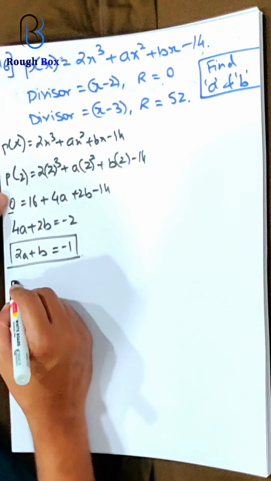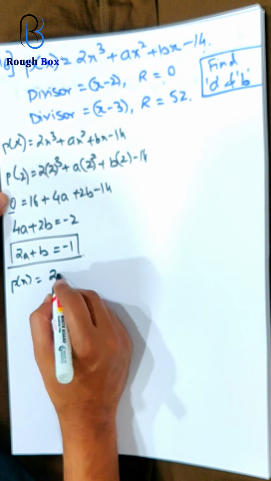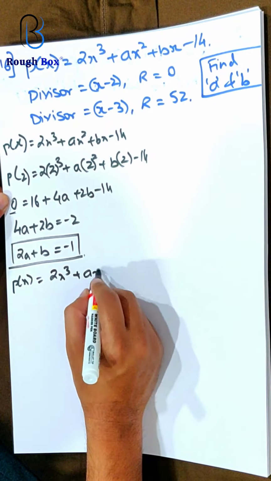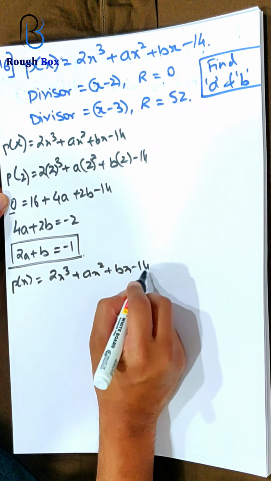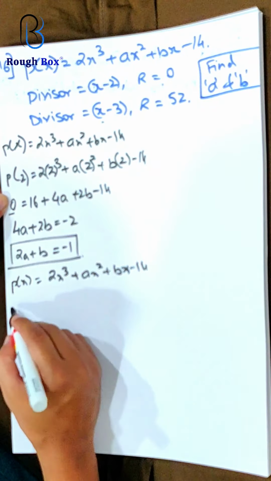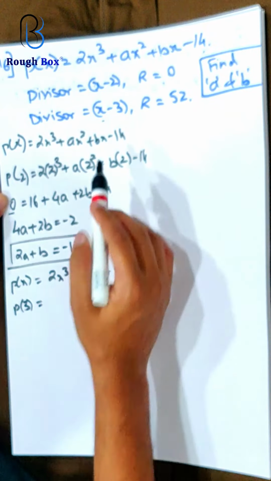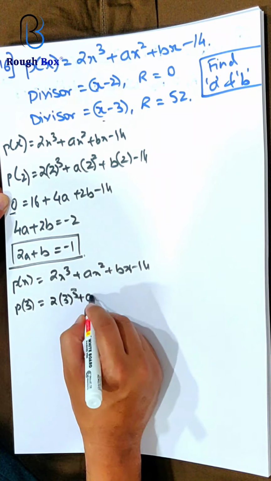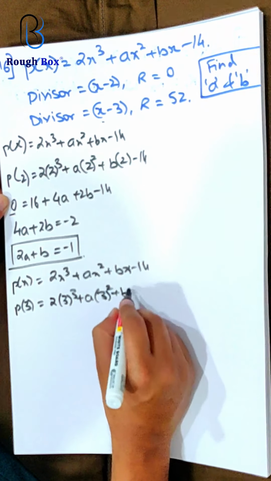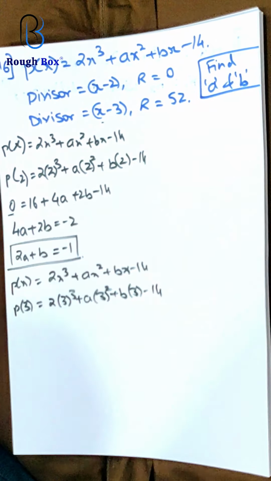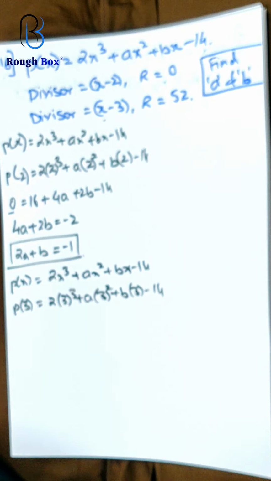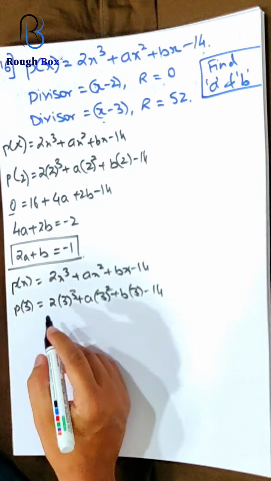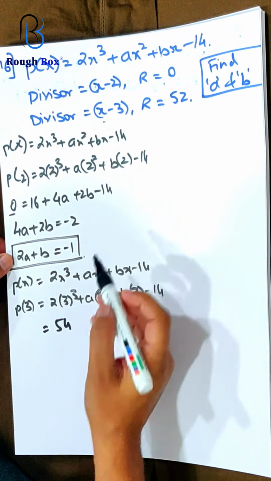I managed to get my first equation. Let's find the second equation. So again p of x, same thing you will write, and this time I will take it as 3, not minus 3. Remember the sign changes. So 2 into 3 cube, a into 3 square, b into 3 minus 14. Let's try and get the answer to this one. I hope you are managing to get it. So 3 cube is 27, 2s are 54.